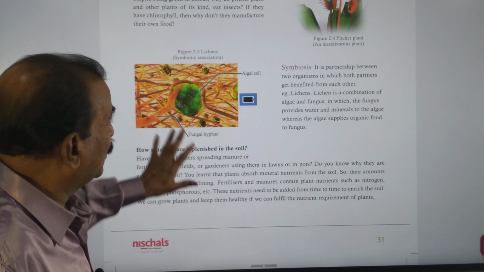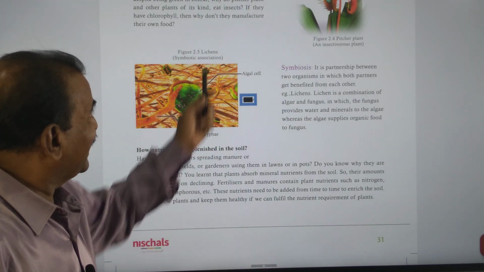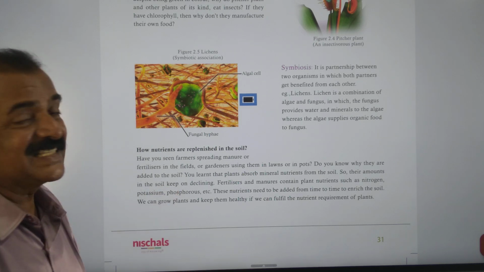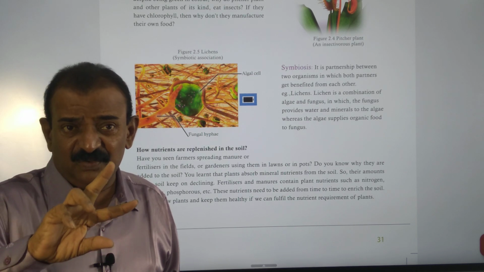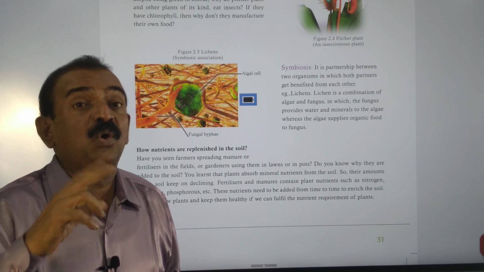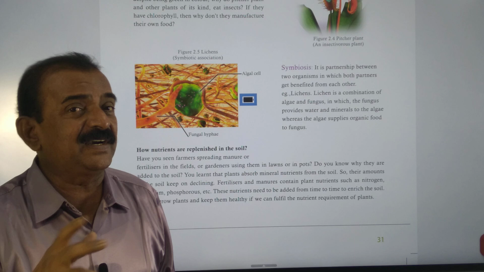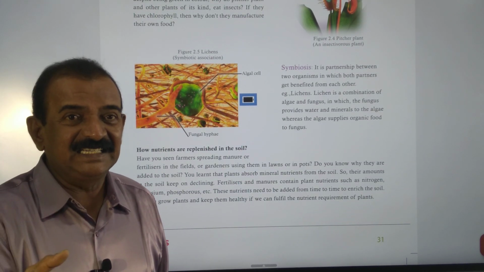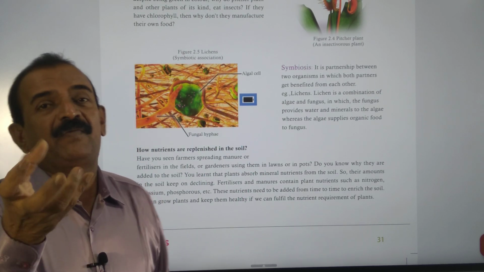Now we need to discuss another type of nutrition in lichens. Here this type of nutrition is called symbiosis. Symbiosis means we are seeing a close relationship between two different types of organisms. Lichens are not a single type of living organism; lichen consists of a group of organisms.